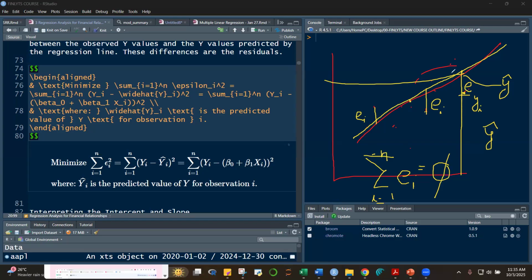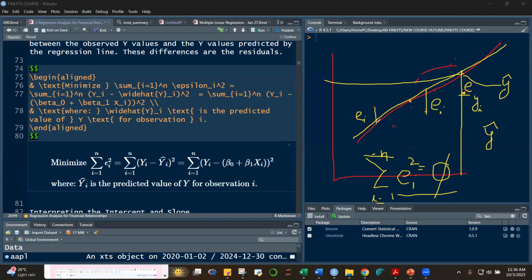Why is that so? Because the regression line will have actual points that are above the regression line and points that are below the regression line. And if we add all of them, class, it will be 0. So we don't use this. What we rather use is the squared of the residuals.